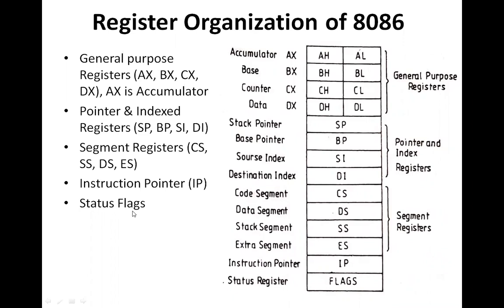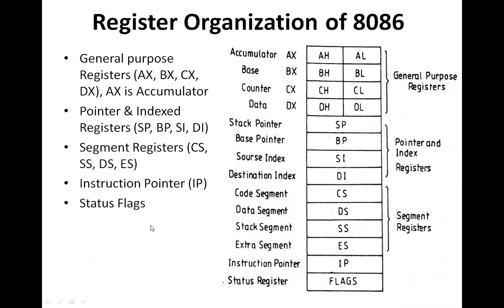In the status flag of the 8086, we use a 16-bit register to store the flags, and out of that 16 bits, only 9 bits are used, meaning 9 different flags. Out of those 9 flags, 5 remain as they are in the 8085: sign, parity, zero, carry, and auxiliary carry.